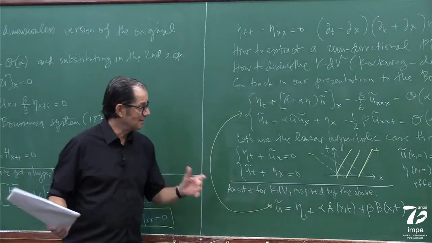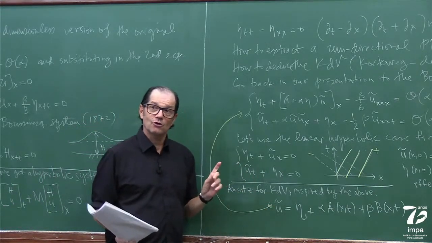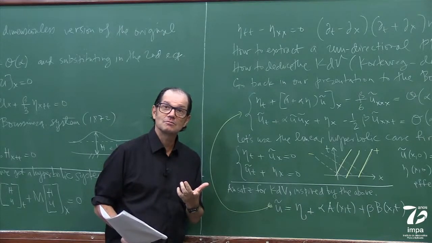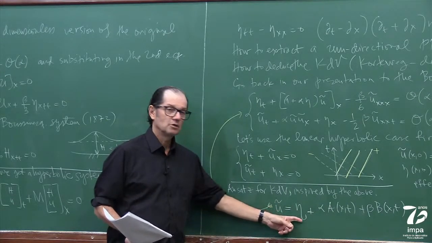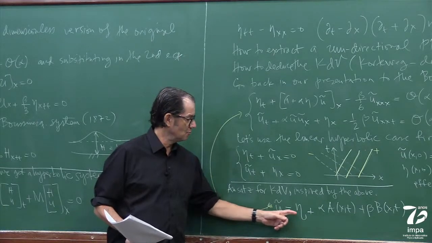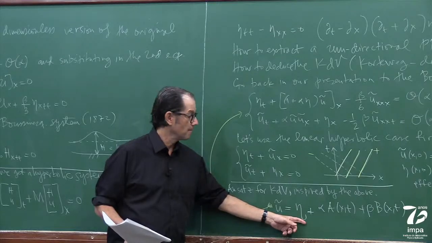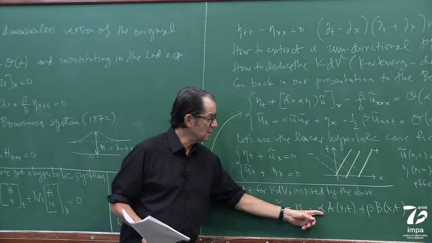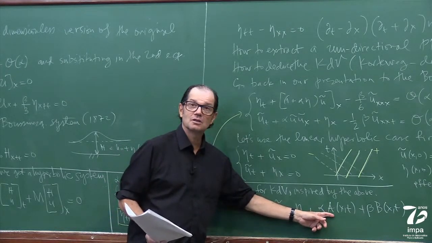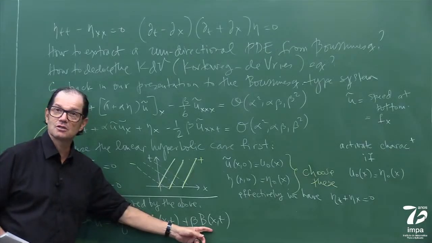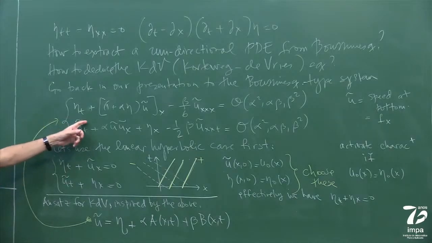And what does this say? This says that to leading order, here's like reading it with asymptotics terminology. To leading order, I want a right-going mode, because I know this works for the linear case, plus a weakly nonlinear correction, plus a weakly dispersive correction, because my equation is not linear and it's not non-dispersive.